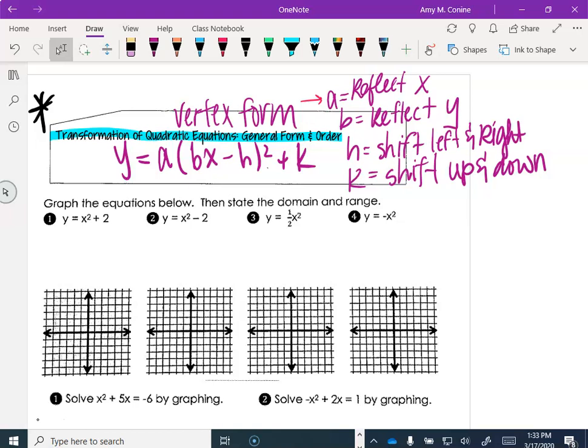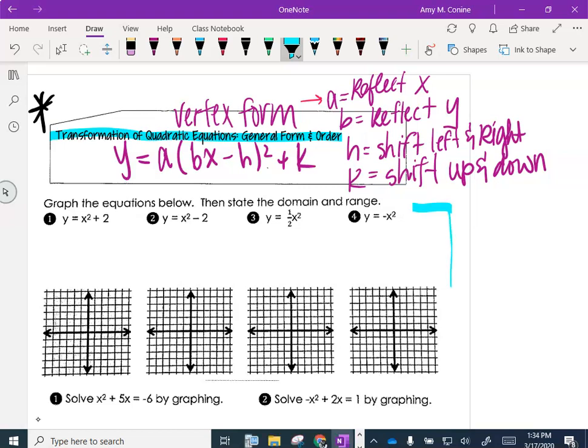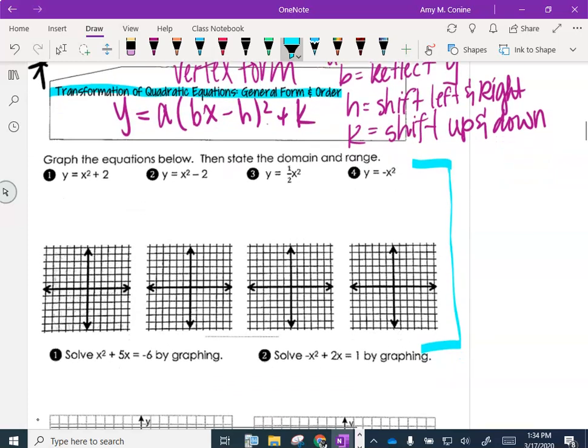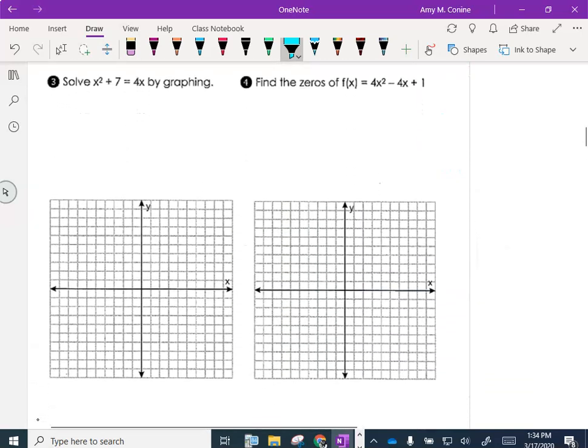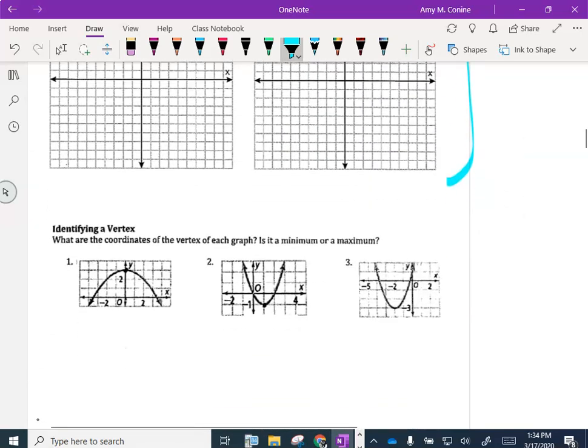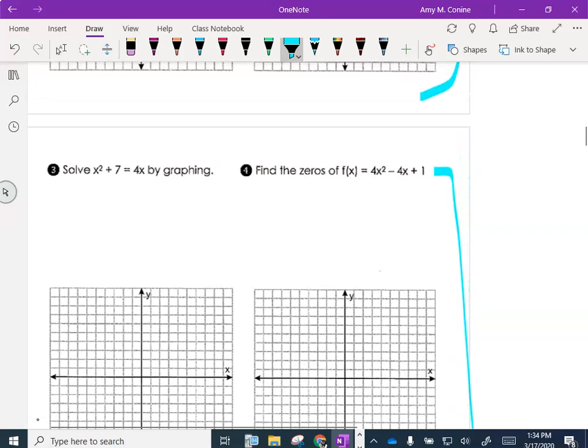So what I need you to do for extra practice is I need you to do this 1 through 4. Your 1 through 4 right here. Okay. Graph the equations and state your domain and range. And then I'm also going to have you do this 1 and 2, 3 and 4, and this last piece right here, the 1, 2, and 3, identifying your vertex. Okay.